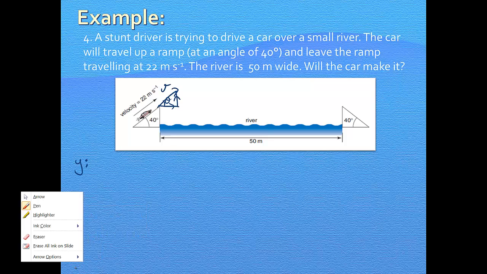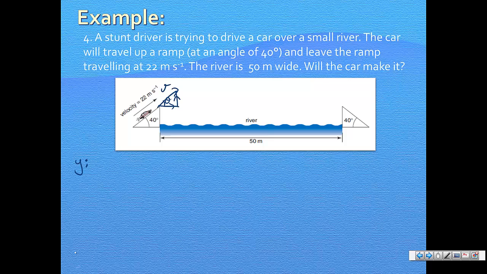So firstly, in the vertical direction, what's my initial speed? And we know that in this case it's always going to be u sine theta, or in this case 22 sine of 40 degrees. And I won't round off just yet.